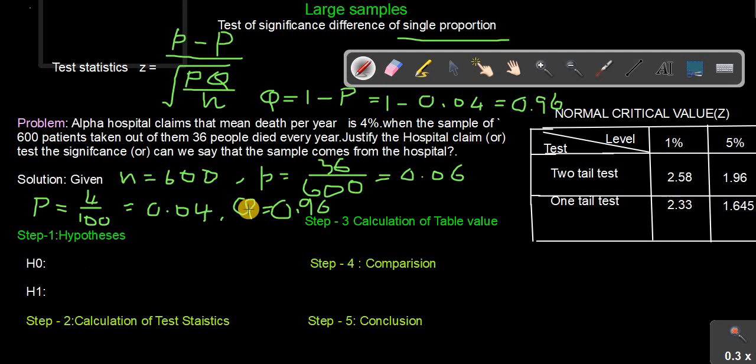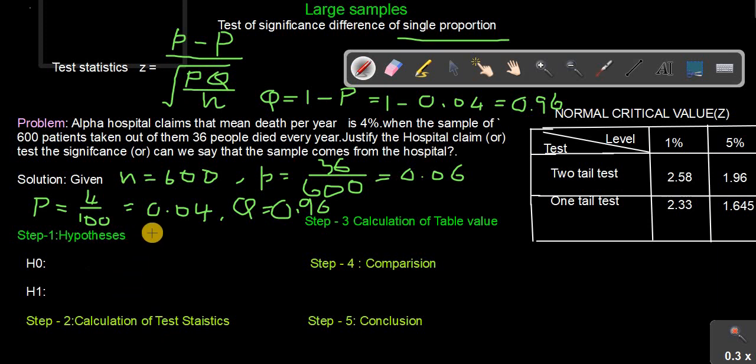So we have got all the elements needed to calculate this. Capital P is 4 by 100, that is 0.04, small p is 0.06, Q is 0.96, and n is 600. So everything is given to us. Okay, very good. Now let us use this in our calculation of the test statistic afterwards.